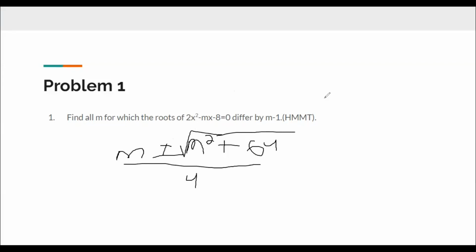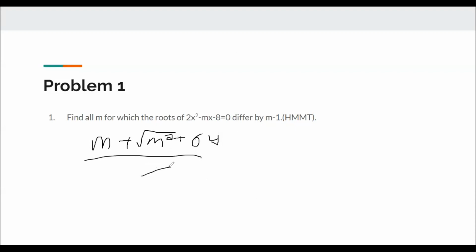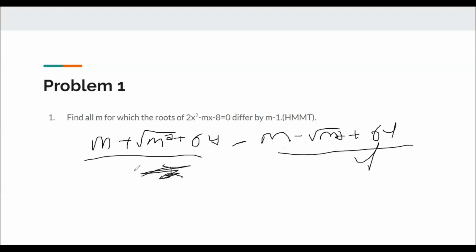So if we write the difference of both of them, it's going to be m plus the square root of m squared plus 64, minus m minus the square root of m squared plus 64, all over 4.